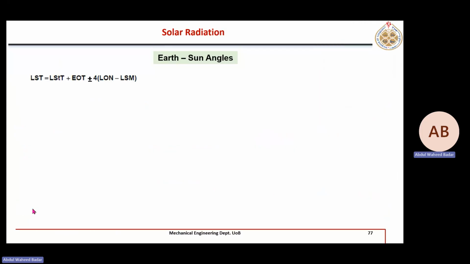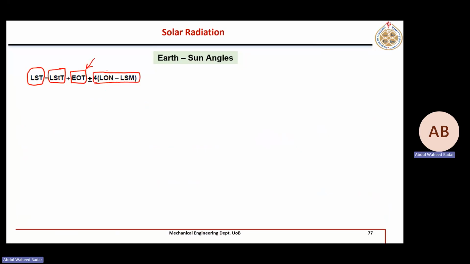Okay, so let's combine these two factors into one equation. That is important. So for example, I want to find the local solar time, and I know the local standard time. Then I have to include the equation of time effect from the previous equation, and here is the factor which will correct for the change in longitude.